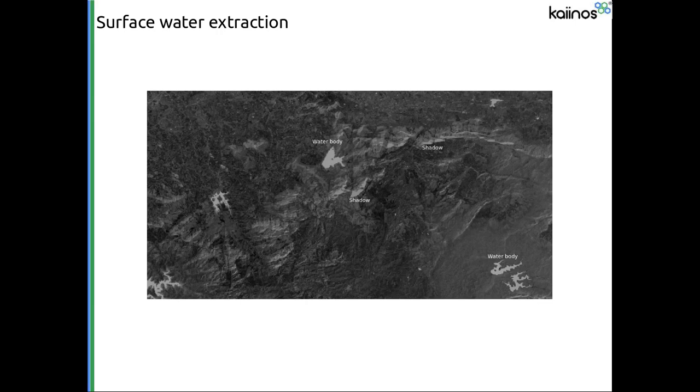But as we can see, the normal NDWI results in shadows as well. Shadows also show the same response as water bodies. So how do we eliminate these shadows that we are able to see here and distinguish them?